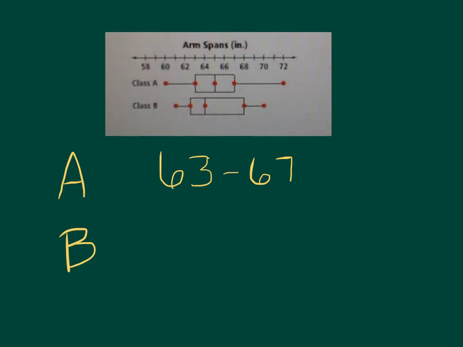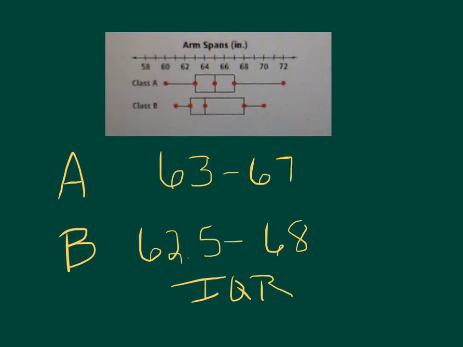Class B went from about 62.5 to 68. Okay. So our conclusion, because Class B has a wider range in their box, was that their middle 50% or their interquartile range had a greater variance. Okay, the numbers were farther apart in the 50%, where Class A, the numbers were closer together.